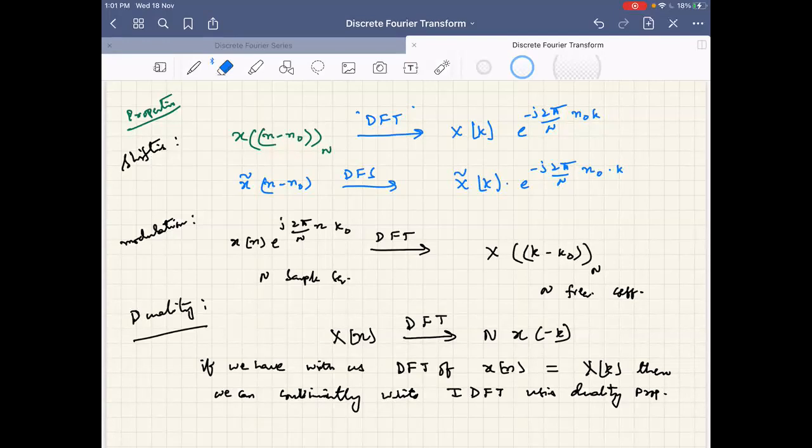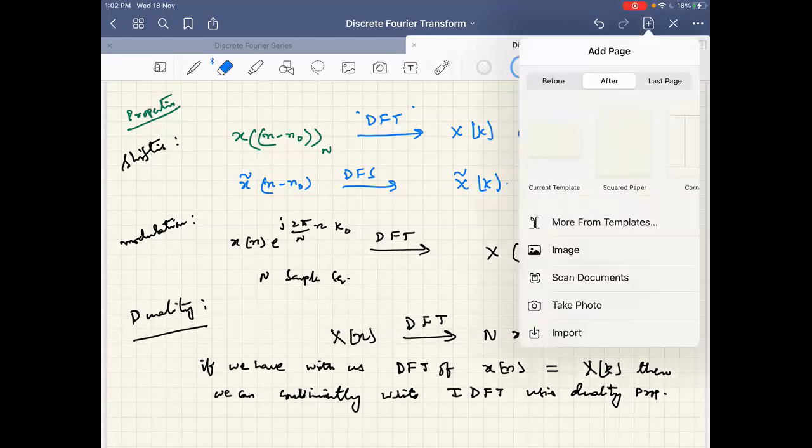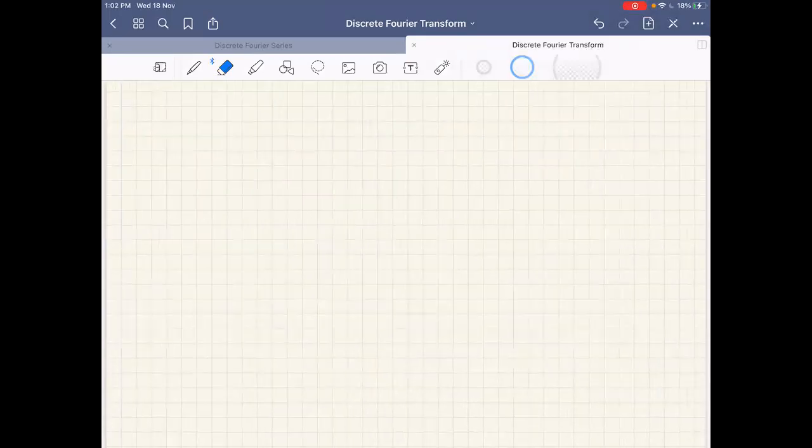You can also see the same examples and how this is applied there. Right. Now let us discuss one more important property, or one or two more important properties.